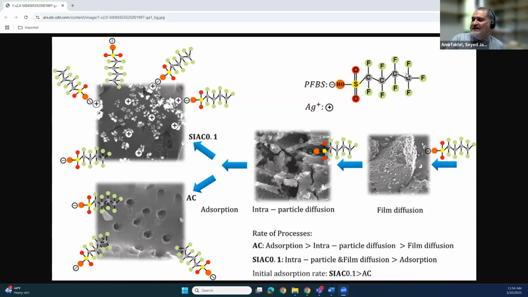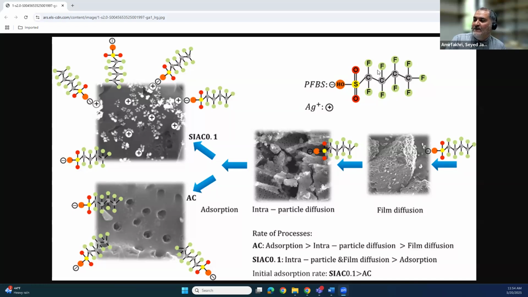Just as an example, they are very persistent because of these C-F bonds; we need a huge energy to break down this bond.